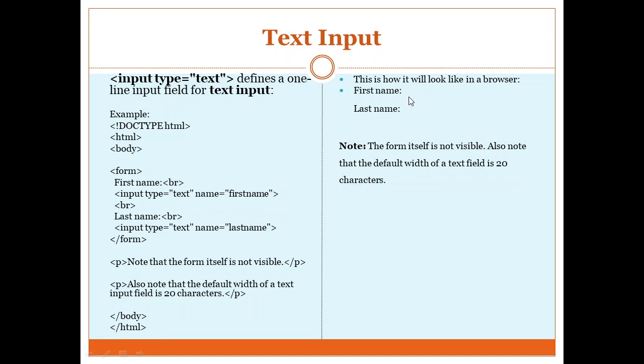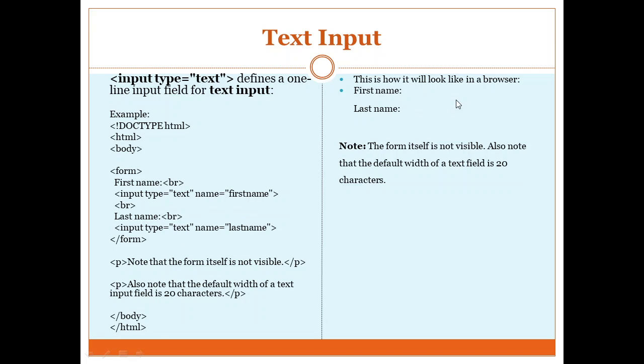After the first name, in the next line the text field can be displayed. And next the last name. I have simply placed the two names here, first name and last name. I have given the break, and the text field can be displayed below whichever name I have given.